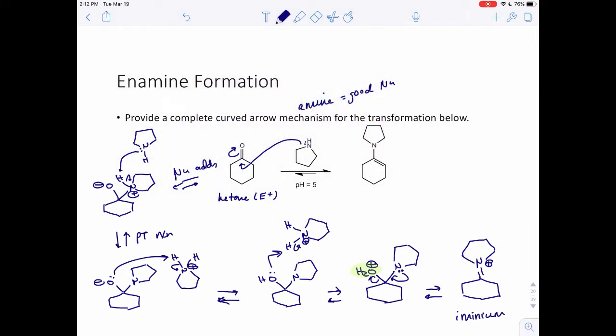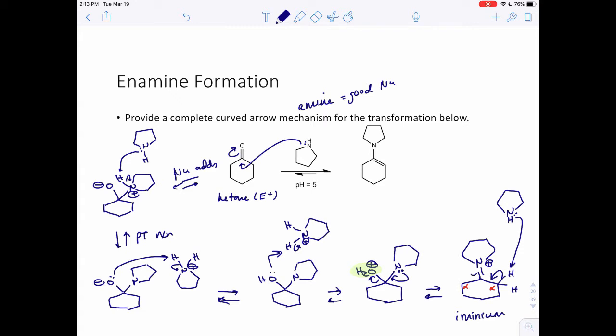So the only way to relieve that positive formal charge on nitrogen is actually to deprotonate one of the alpha carbons. And of course, you would deprotonate whatever alpha carbon gave you the most substituted double bond here. Luckily, those alpha carbons are exactly the same, so we don't have to worry about that, thank goodness.